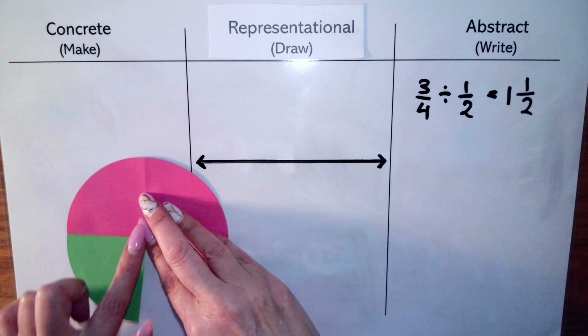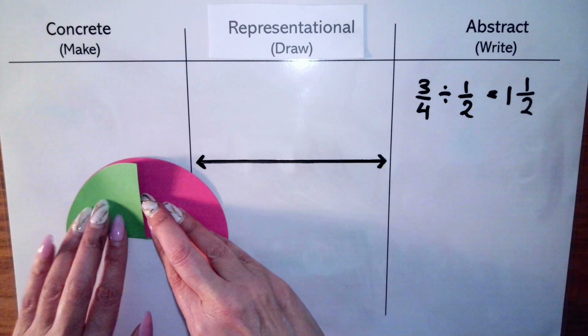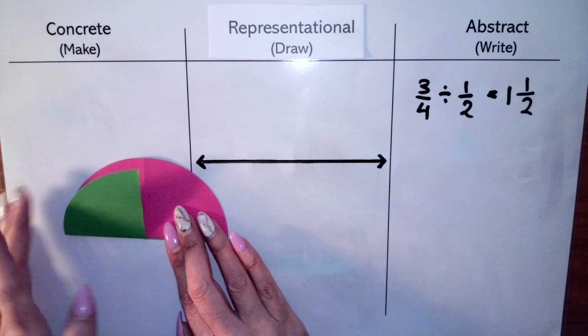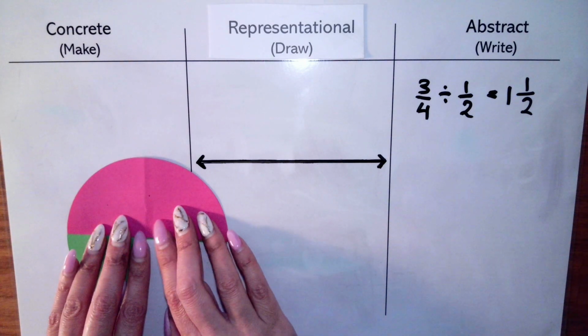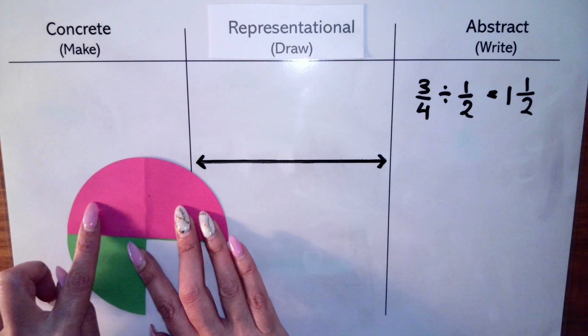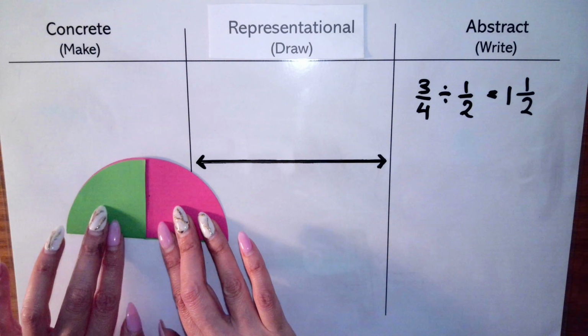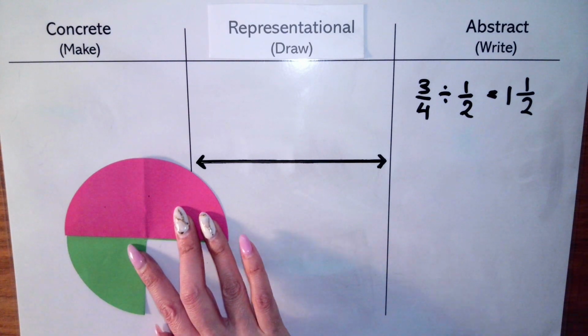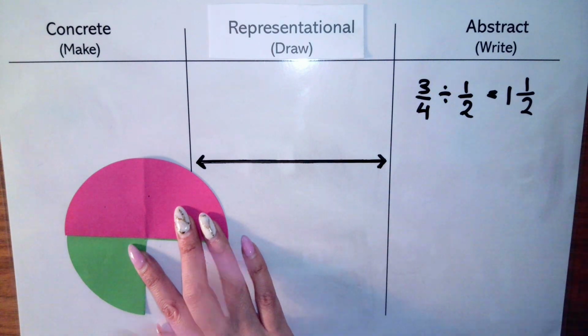It's 1, but then I've got this last quarter left, and that will be 1/2 of my 1/2. So how many halves fit into my 3/4? It is 1 plus another 1/2 of that. So that's why it's 1.5, because it's 1 and another half of that.